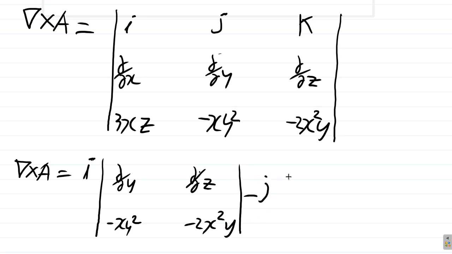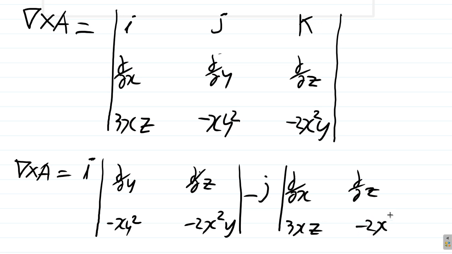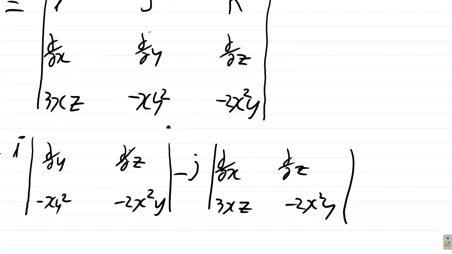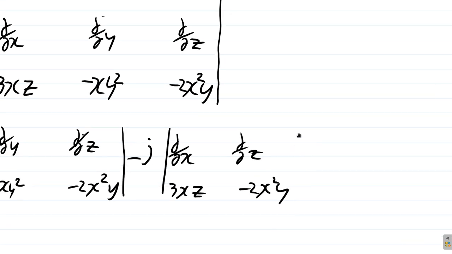Minus, remember your place signs, minus j. When you cover the row and column with j, you see partial by partial x, partial by partial z, 3xz, negative 2x squared y. And then plus k.